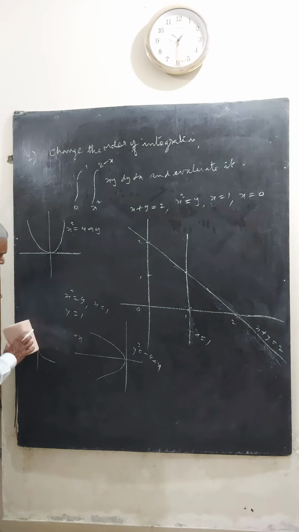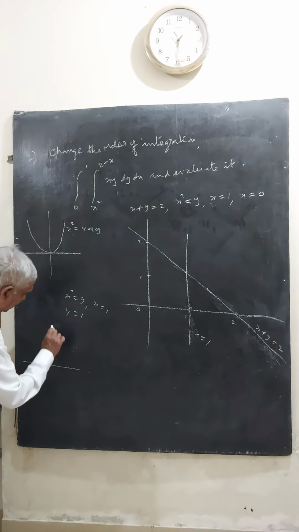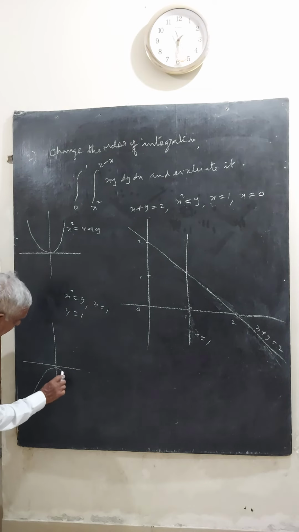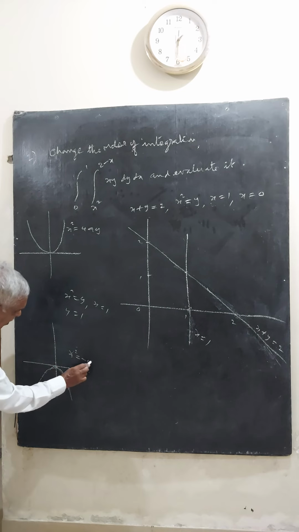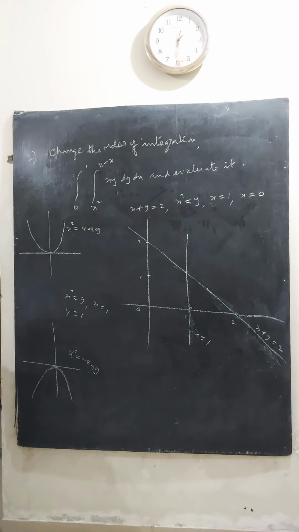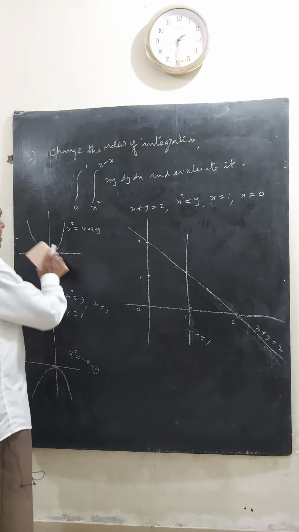One more parabola is there, we may use it in later sums, passing through the origin, x squared equal to minus 4ay. This is lower open, this upper open. Therefore, this is the required parabola. This is the shape of the parabola.